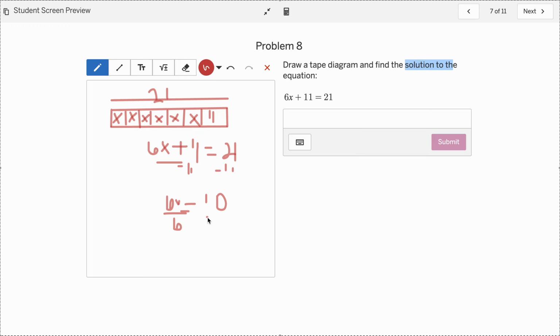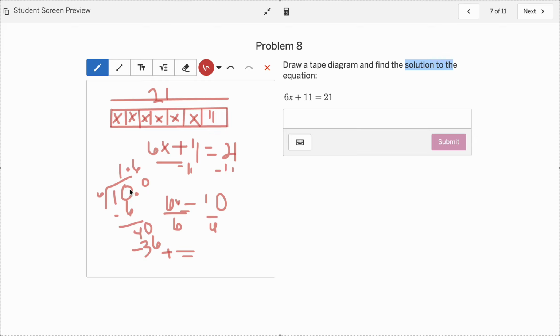Divide by 6 on both sides. So then I know that x will be 10 divided by 6, which is 1 and a half. I would have to do that math. I can't do it in my head, sorry. I know that it goes into it once. That's 4. I have to bring down a 0. So 6 goes into it 6 times.